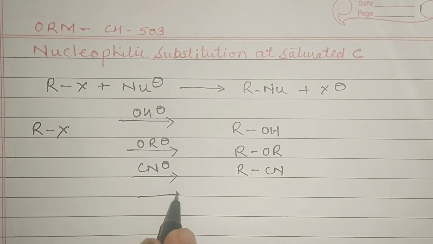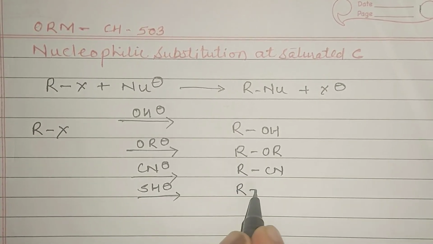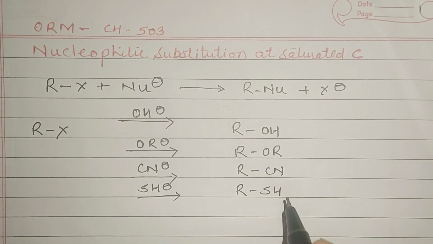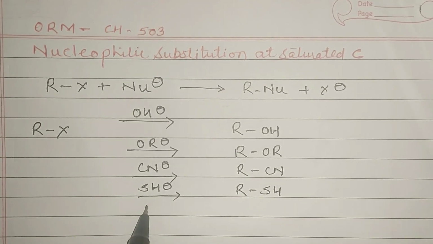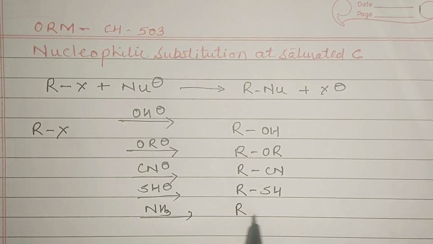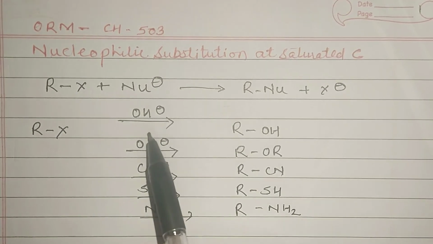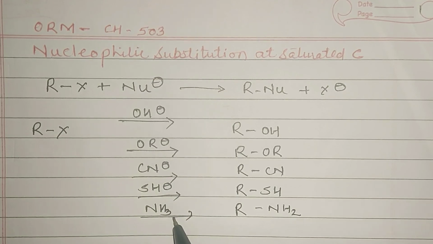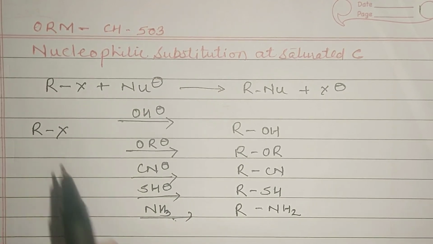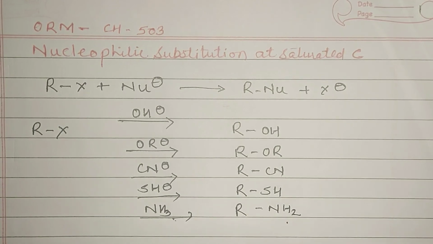With SH negative, it will give RSH. With NH3, it will give RNH2. These are nucleophiles, and they react with alkyl halide and give a product. These are some examples of nucleophilic substitution at saturated carbon.